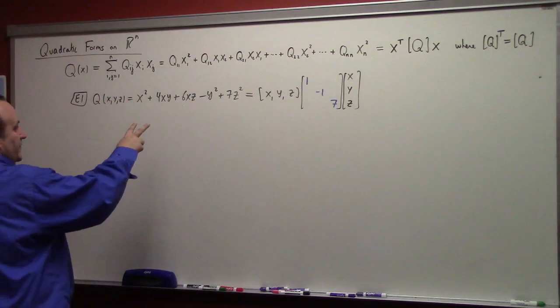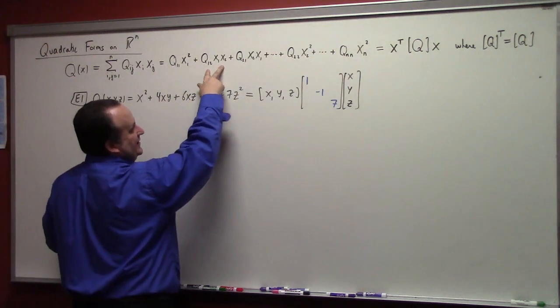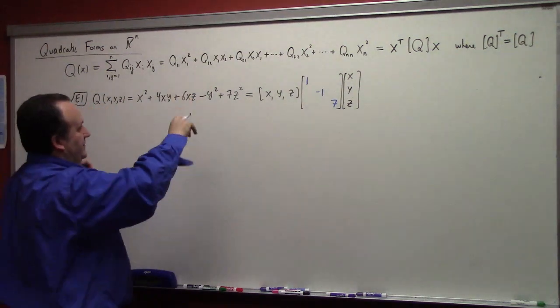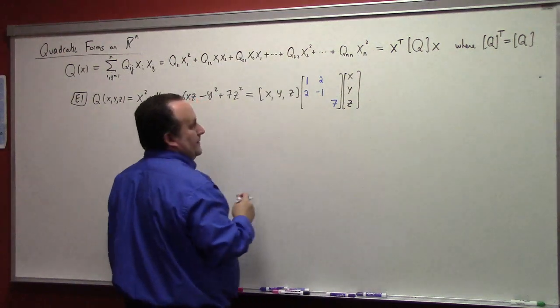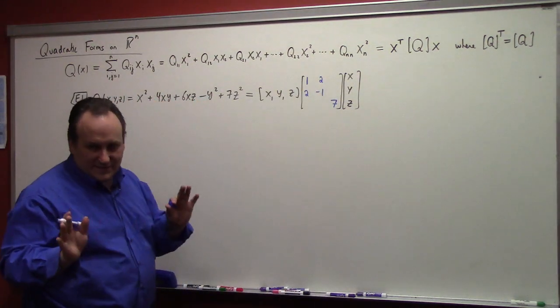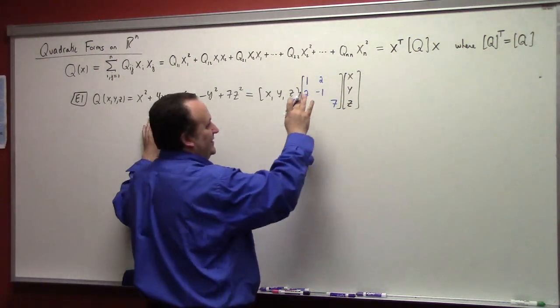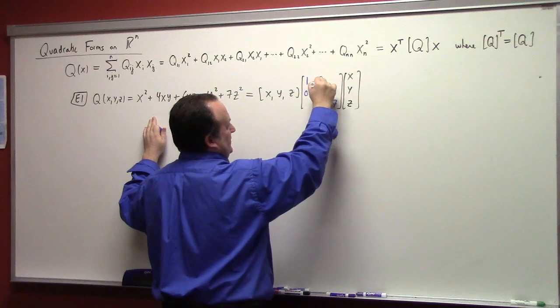Now let's see here, 4xy. So I kind of want to have a 2xy and a 2yx, right? So I split that, and I put a 2 here and a 2 here. Technically speaking, I could keep this over here, and I could just put a 0 here and a 4 here, yeah. But we don't want to do that.